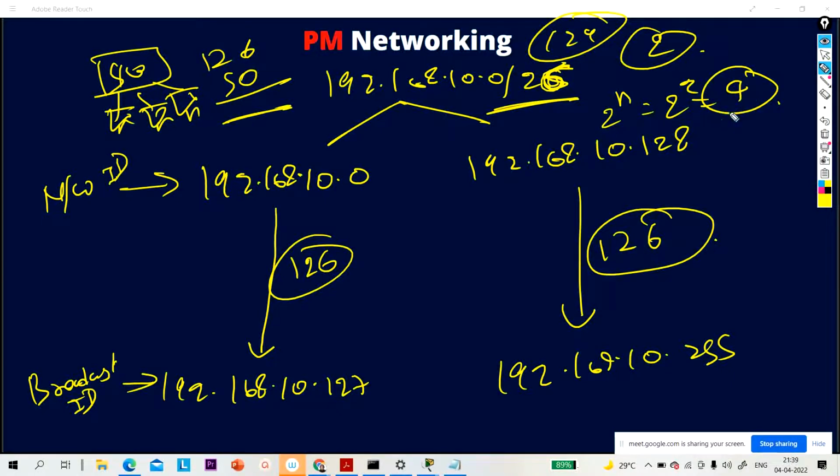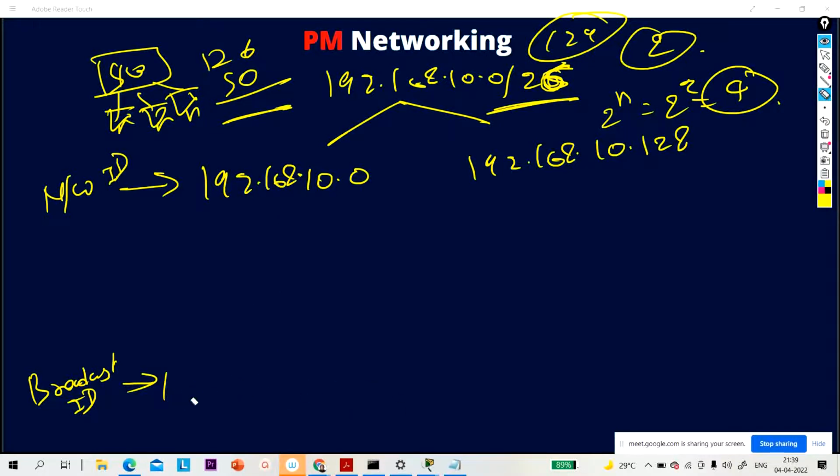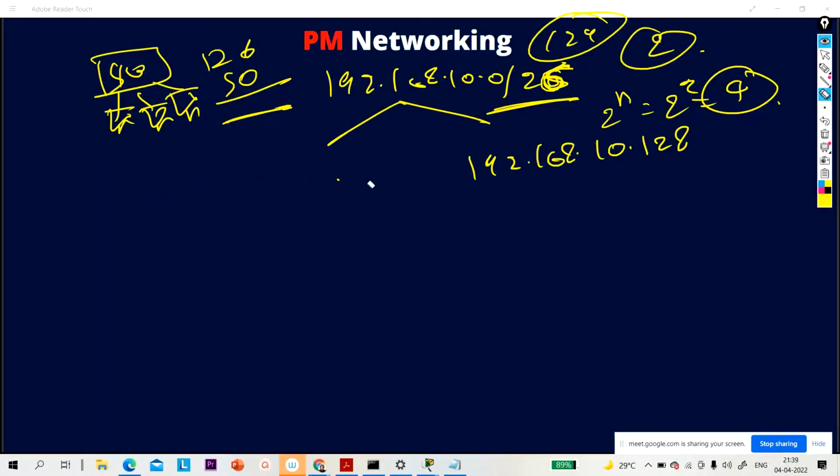What will be those networks? 0 to 63, 64 to 127, 128 to 191, 192 to 255. What will be the block size for /26?